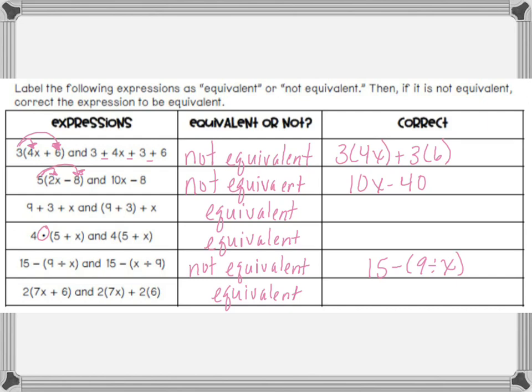Otherwise, it's the same thing. The next one is not equivalent. You cannot just change your grouping when you have division and subtraction, because with those two, order really does matter. You can only change your grouping if it's multiplication or addition. And then lastly, we had one that was equivalent.